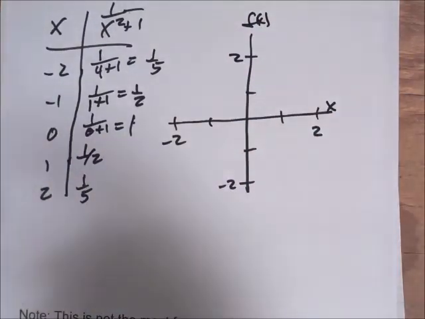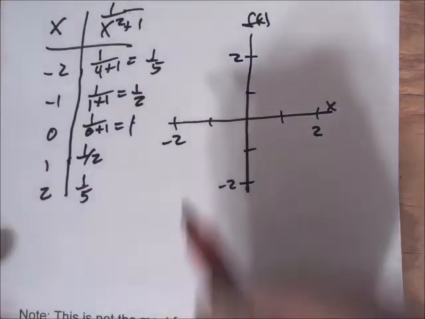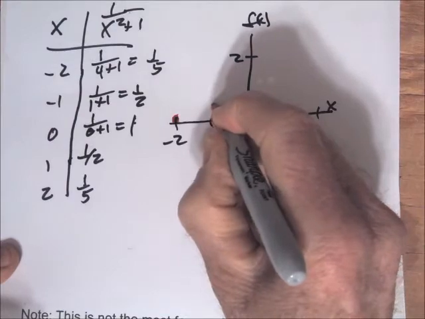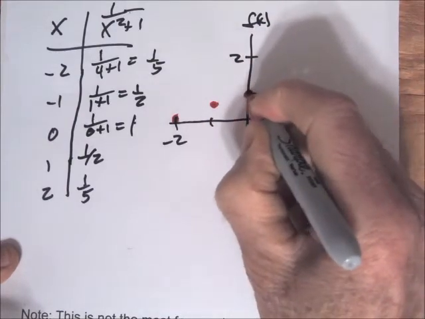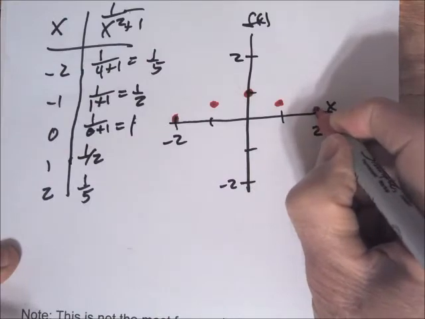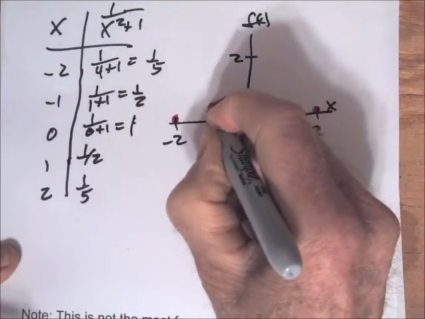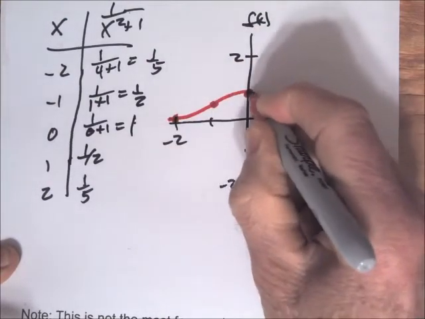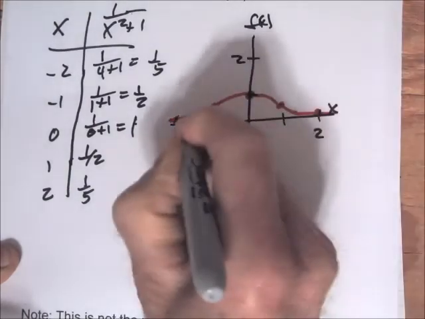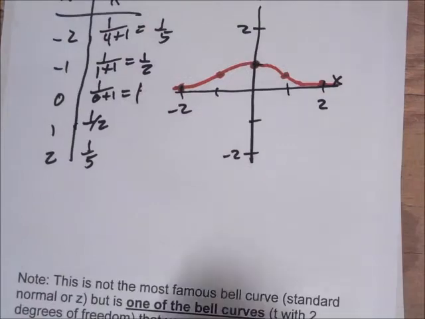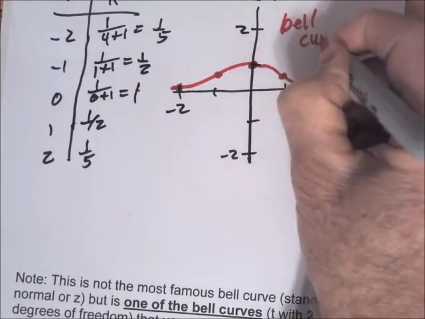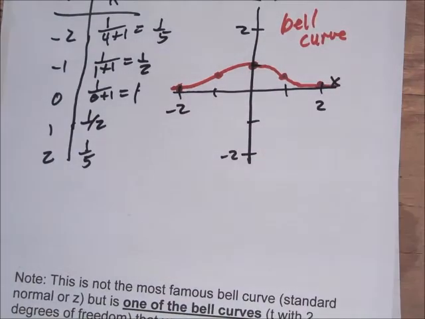So 2 to the left up 1/5, 1 to the left up 1/2, 0 left to right up 1, 1 to the right up 1/2, 2 to the right up 1/5, connect the dots, and then extend it toward the asymptote. So this is a bell-shaped graph. It's one of the bell curves of statistics.